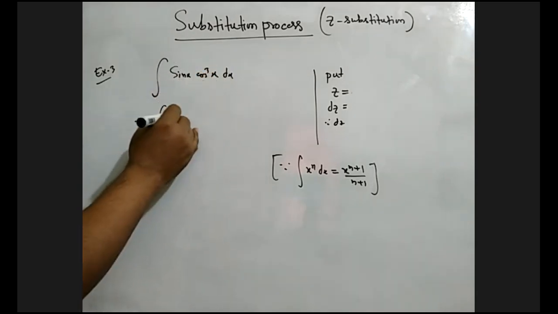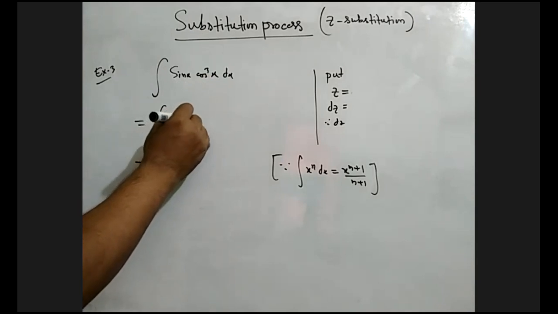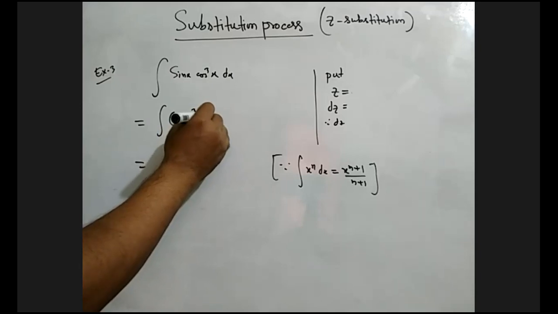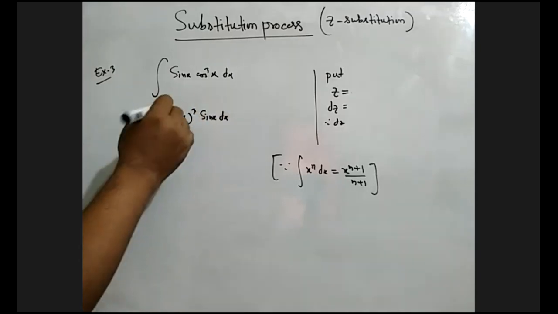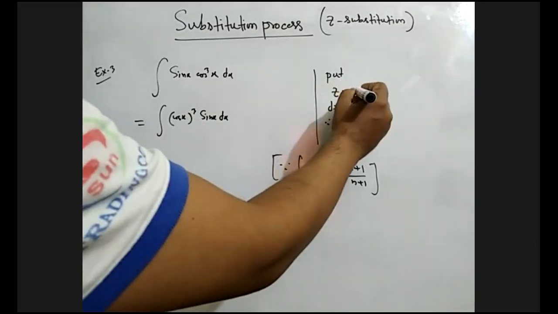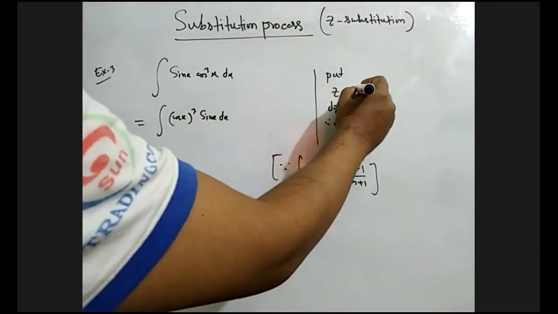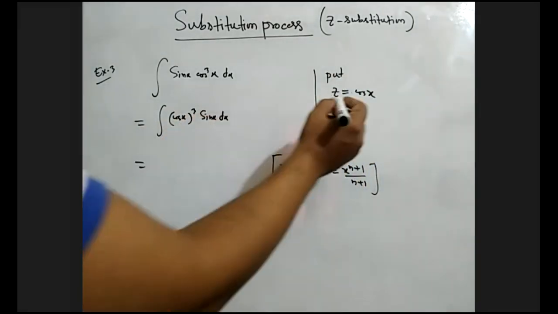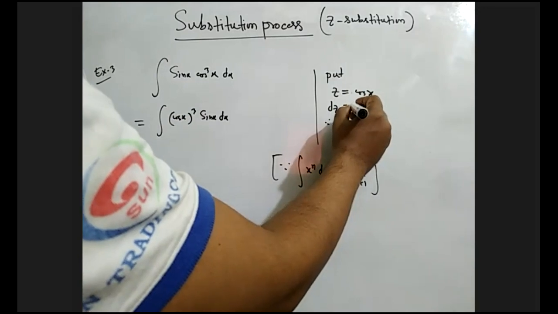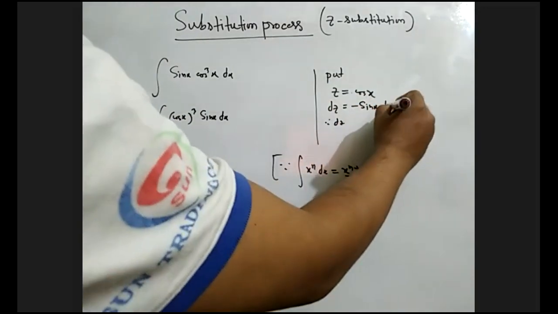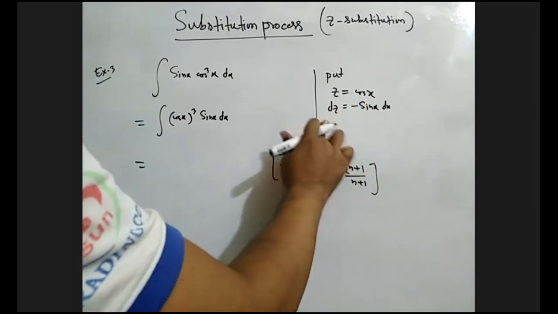That means we can write cos x whole to the power cube sin x dx. So we take z equals cos x, substituting the variable within the bracket. Now what will the differentiation dz be? The differentiation of cos x is minus sin x dx.